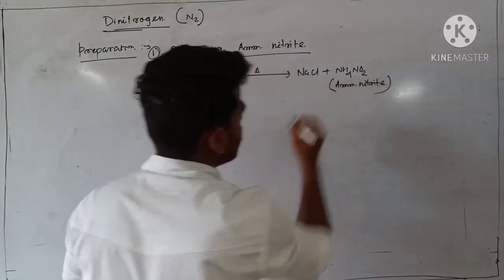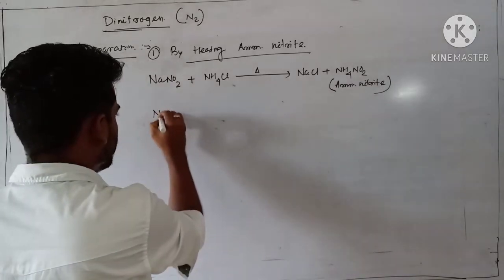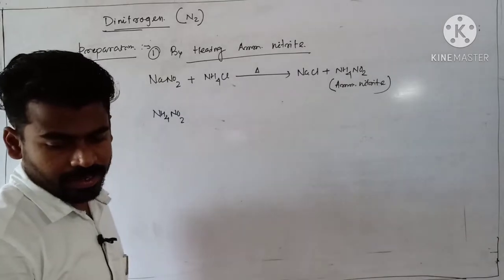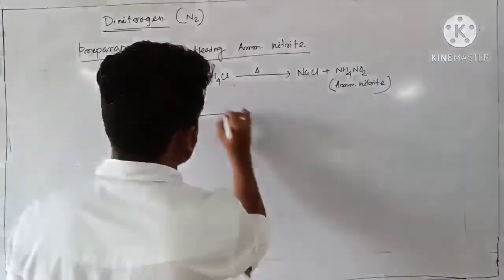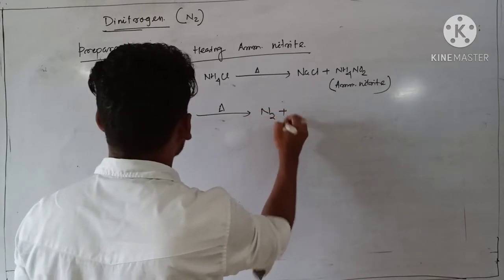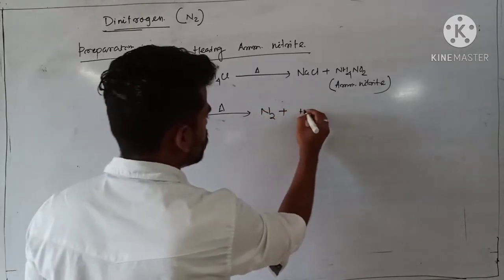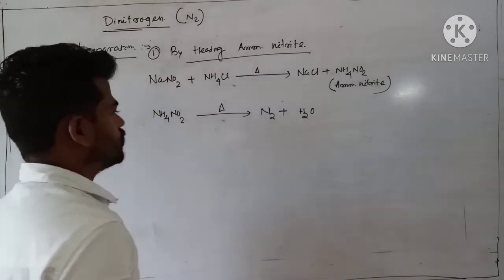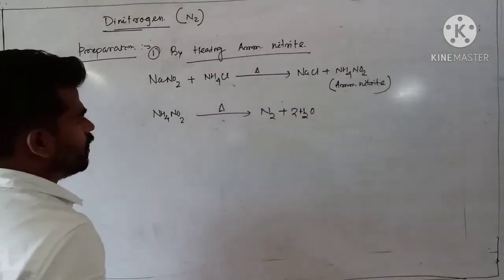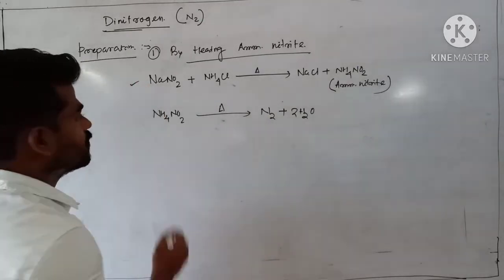Next, this ammonium nitrite, NH4NO2, upon heating gives N2 plus H2O. You multiply by 2 to balance the equation, and so this is one method of preparation.